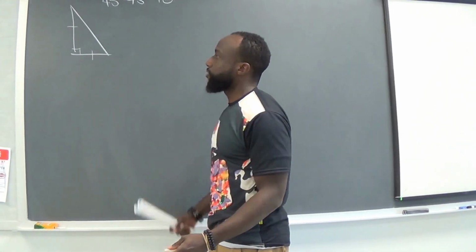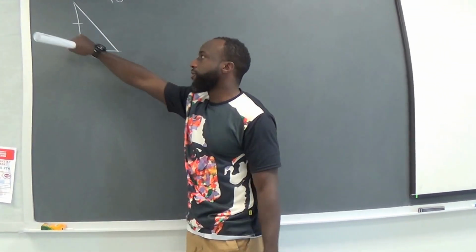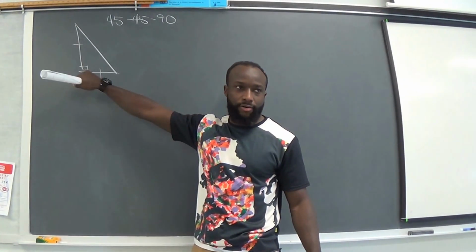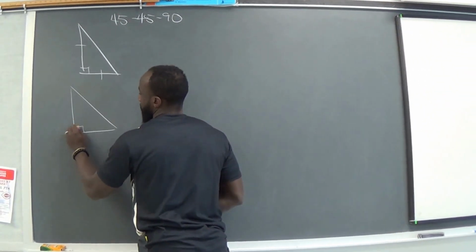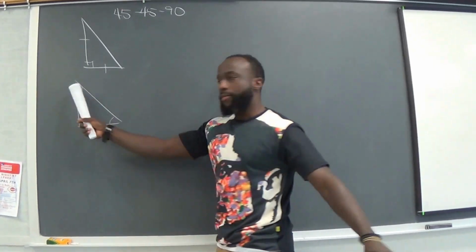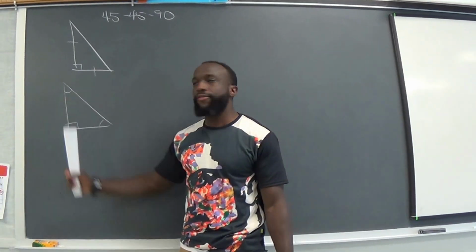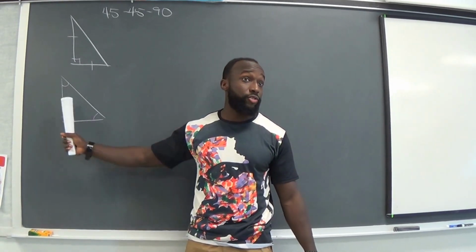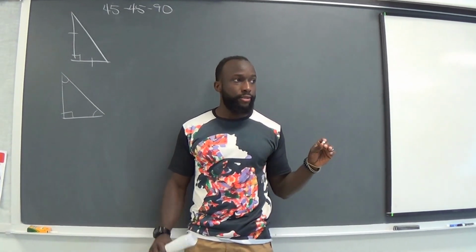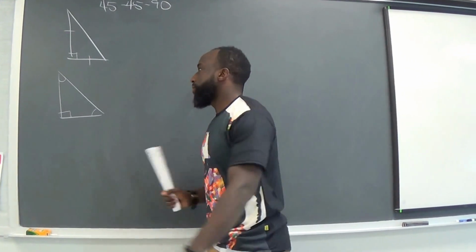Well, there's three things that can happen. Either you'll see that it's isosceles like this in a right triangle, so you know it's 45, 45, 90, or they'll give you the congruent marks to let you know that this has to be 45, 45, 90, because the sum of the interior angles of a triangle is what? How many degrees? 180 degrees, right?